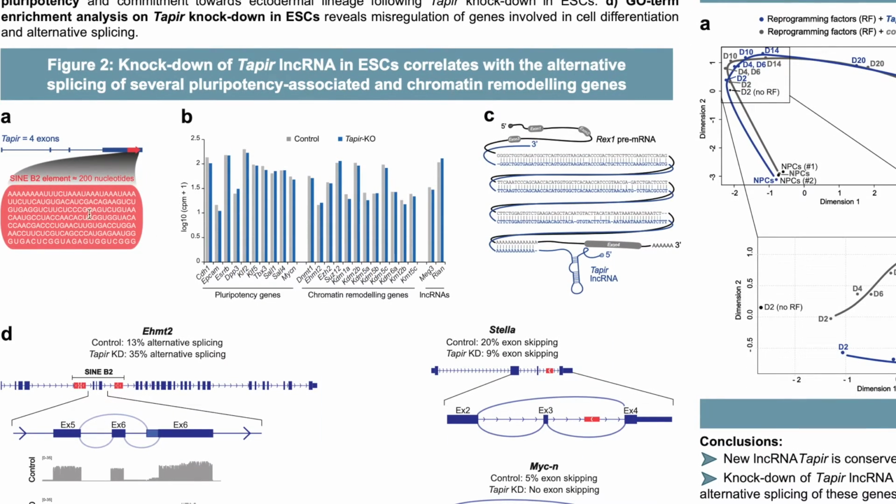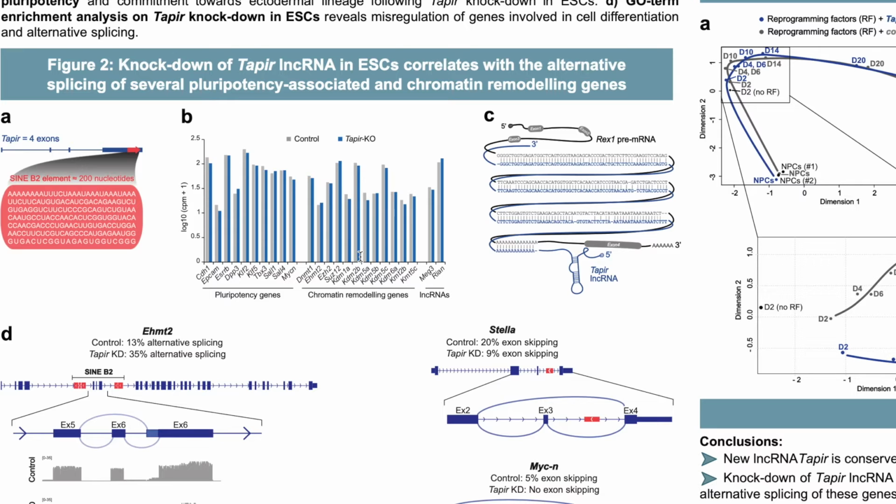By looking at the sequence of Tapir, we identified a SINE element, SINE B2 element, which is known to be found in about 10% of the genome. And more specifically, when we looked at a lot of the genes, pluripotency genes or chromatin remodeling genes, upon knockdown of Tapir, we didn't see a marked decrease.